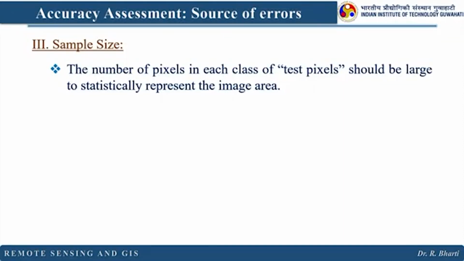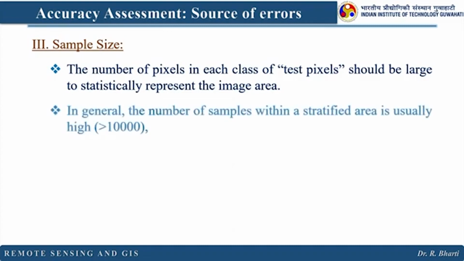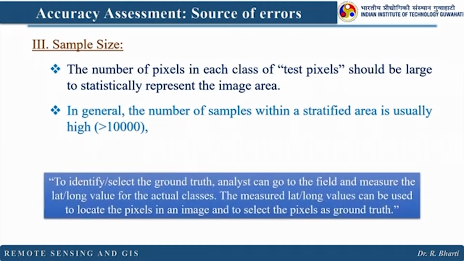The number of pixels in each class of test pixel should be large to statistically represent the image area. In general, the number of samples within a stratified area is usually high. To select the ground truth, the analyst can go to the field and measure the latitude longitude value for the actual classes in the field.